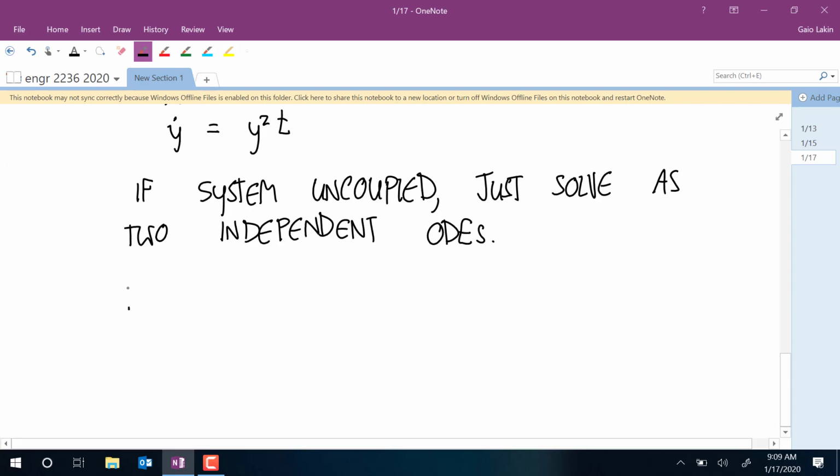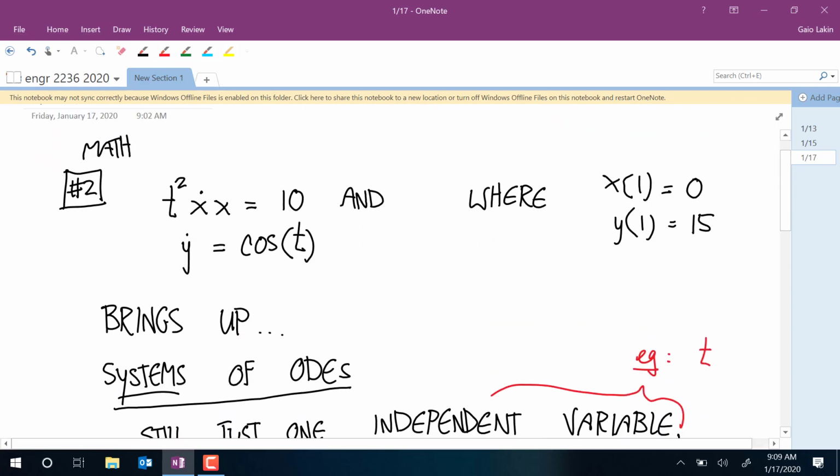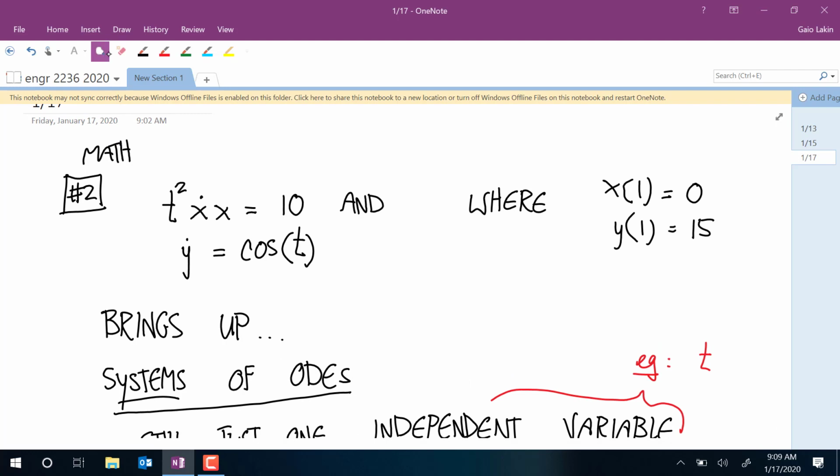Okay, so back to the example. Back to number 2. Here, this will be easier. Just do this with your magic pen. Oh, I don't even know how to do it.